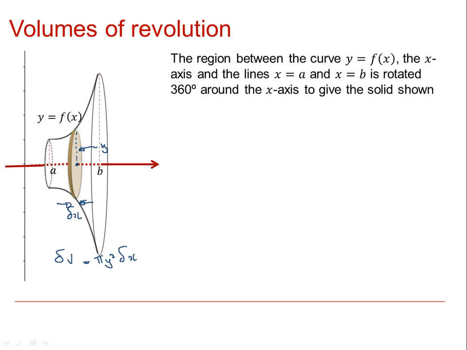So then if we're trying to calculate the volume of revolution between x equal to a and b, then we can see that the volume will be approximately equal to the sum of all of these little volumes, so the sum from x equal to a up to x equal to b of delta v, which means that the volume is approximately equal to the sum from x equal to a up to b of pi y squared delta x.